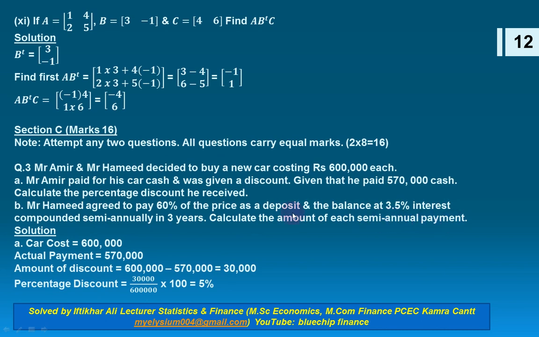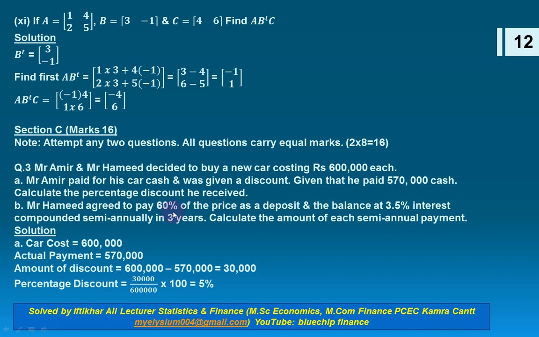So in this part, if he is agreeing to pay a 60% down payment, then 60% of the actual price is 600,000 multiplied by 0.60, which is 360,000, paid as the down payment.